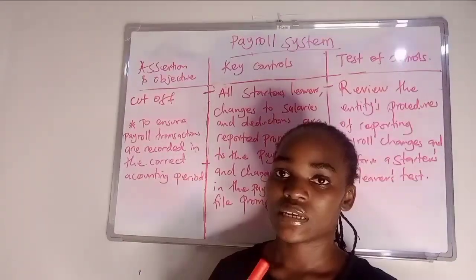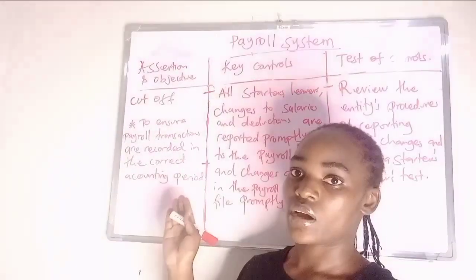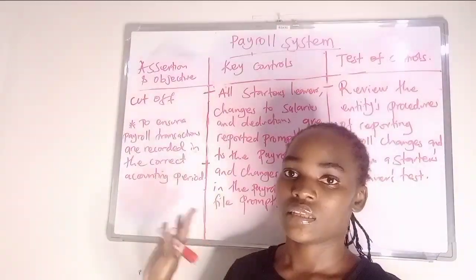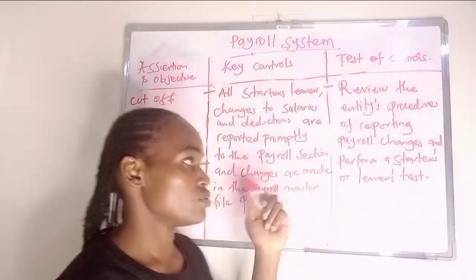So what can the entity do to make sure that payroll transactions are recorded in the correct accounting period? It's just one control we have here.